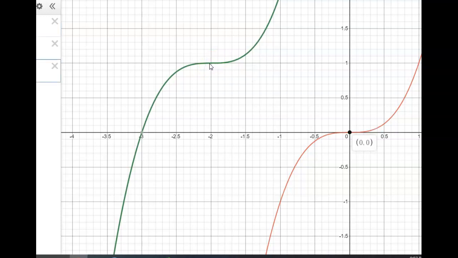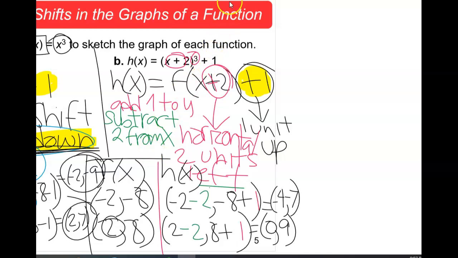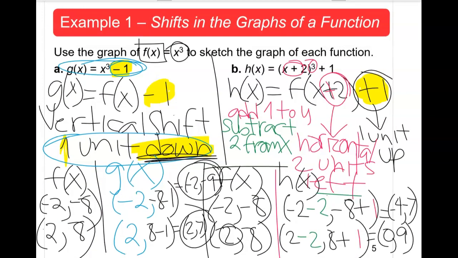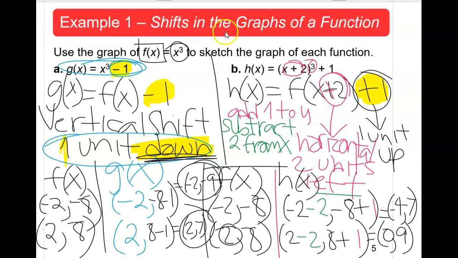So it should be at -2, 1. It's a little hard here with this mouse. Okay, so it's almost there. There we go. So we have the point there. And so there you can check your work with your graphing calculator or with Desmos. That's fine with me.